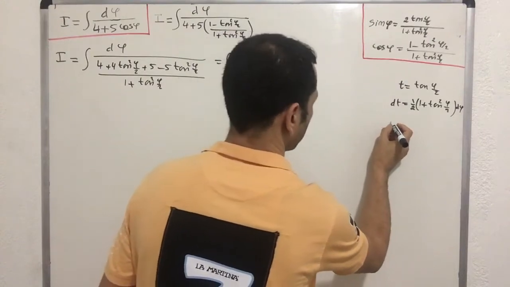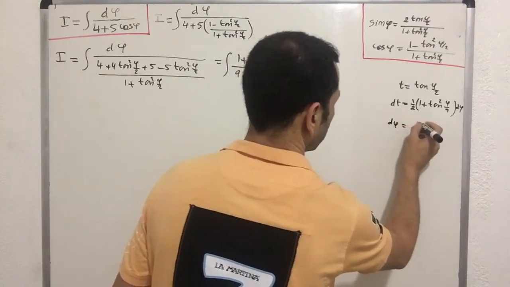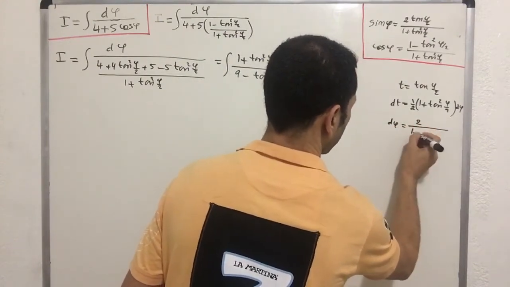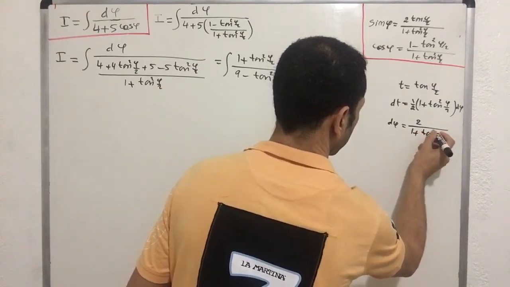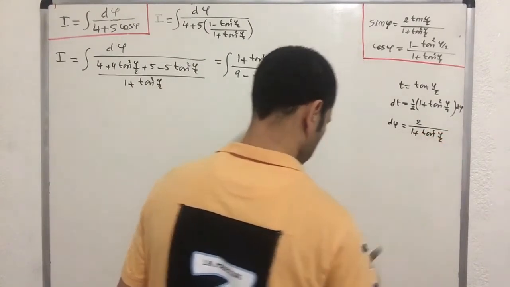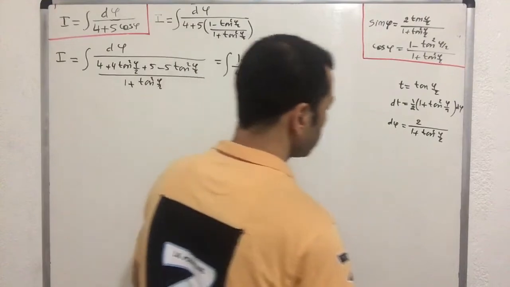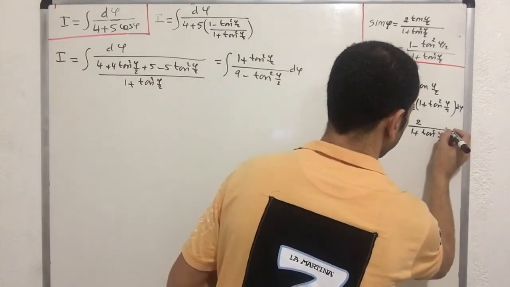So d phi equals what? d phi equals 2 times 1 plus tangent squared phi over 2, dt.